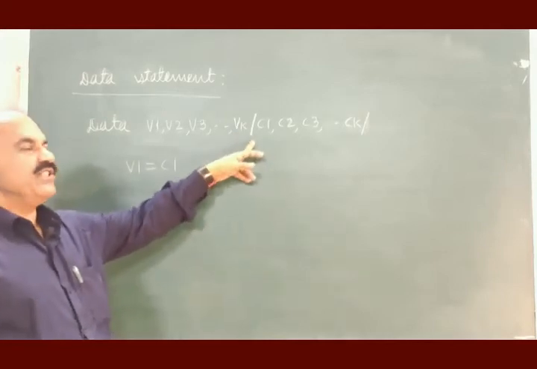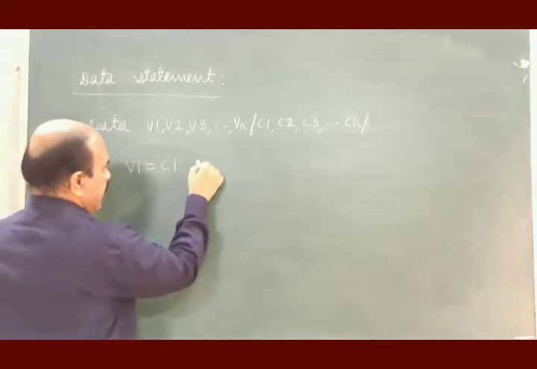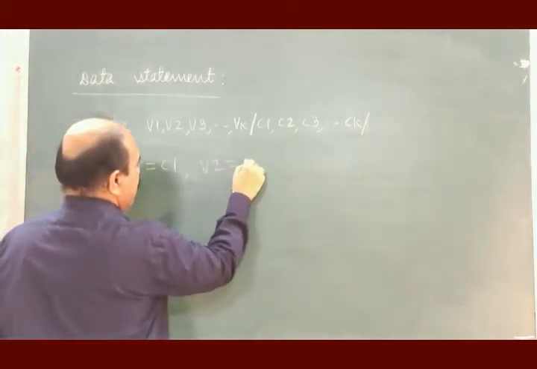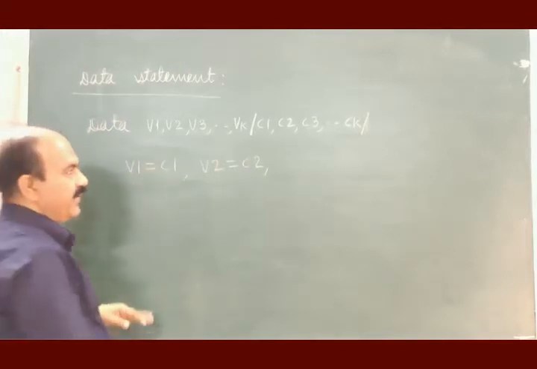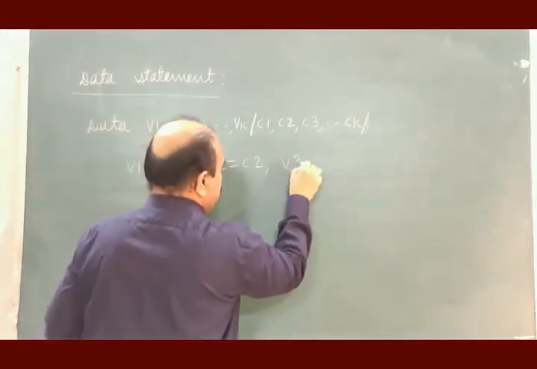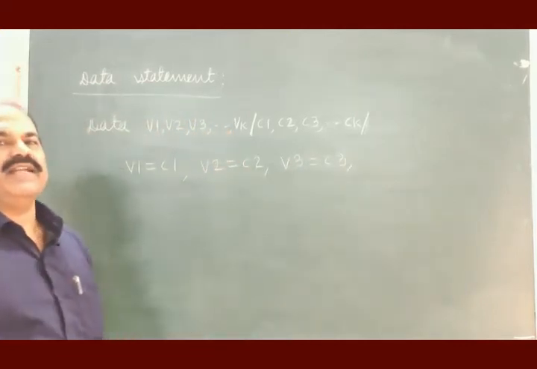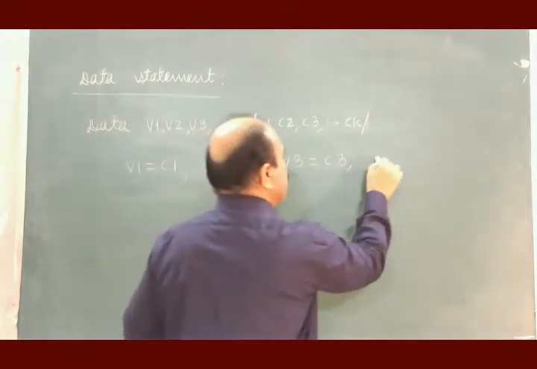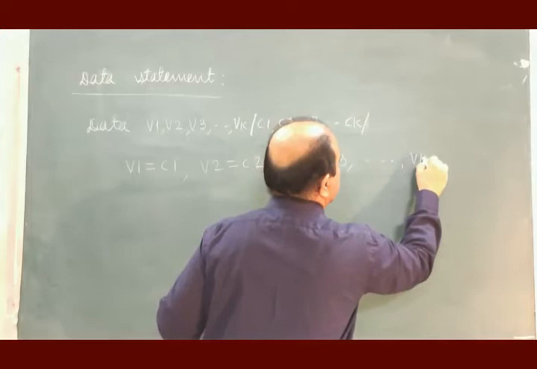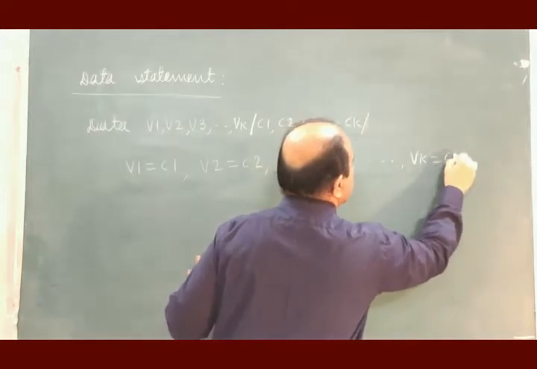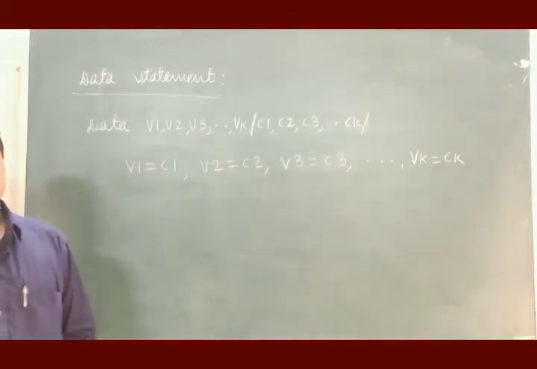First constant is assigned to first variable. Second constant is assigned to second variable. Third constant is assigned to third variable. This is continued, and kth constant is assigned to kth variable.